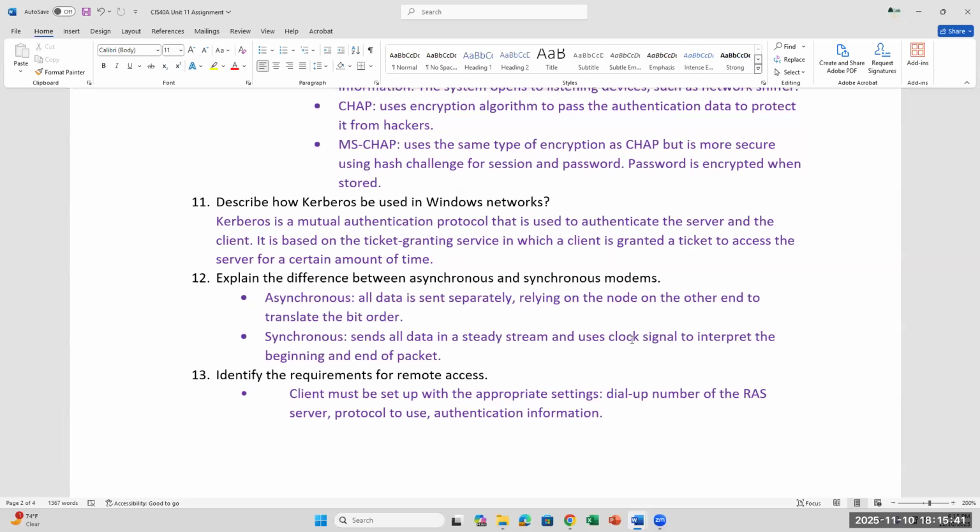So if you're using a modem or dial-up, you have to make sure that you have the connection number or the server information and the service that's used. We talked about RDP, we talked about SSH. So the protocol and the service and the port, you need to configure your client system and they need an account. So it doesn't just magically happen. Somebody has to configure this, okay? And you could be that person.